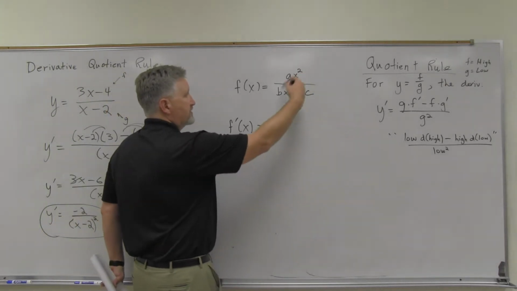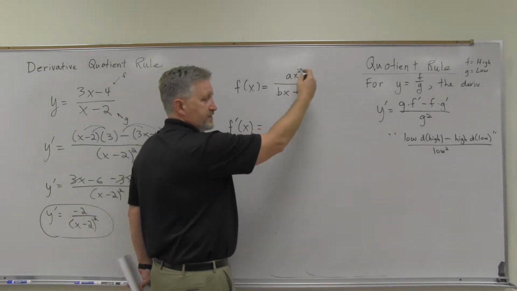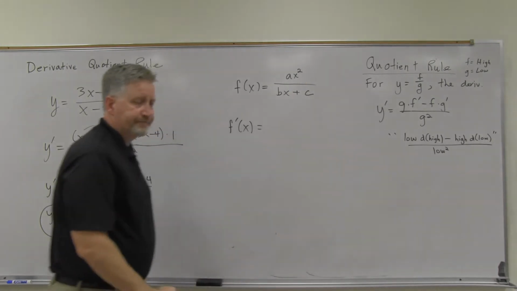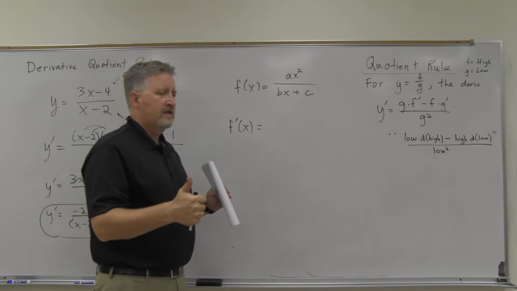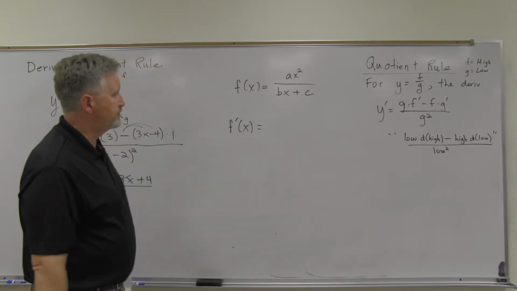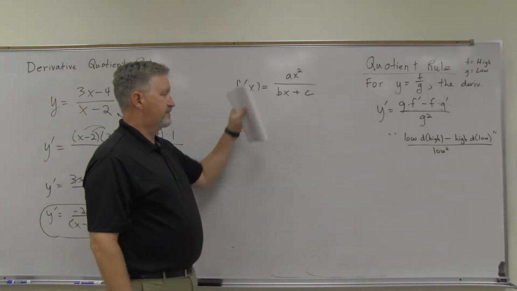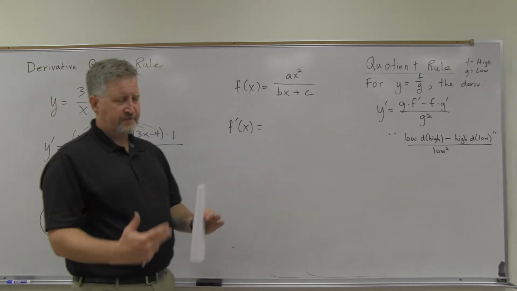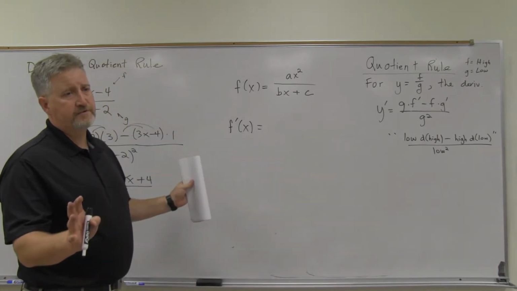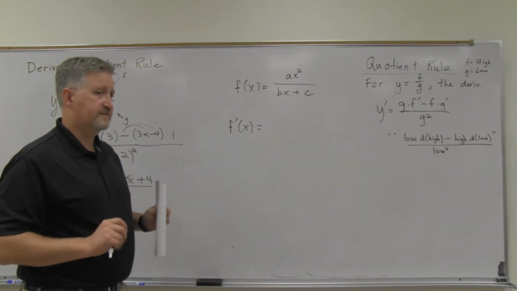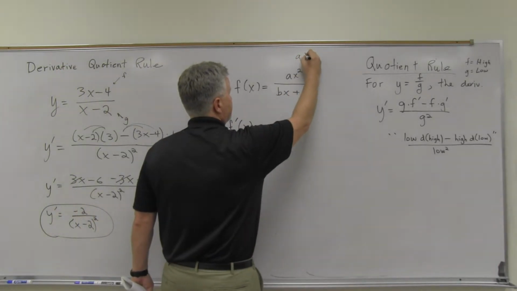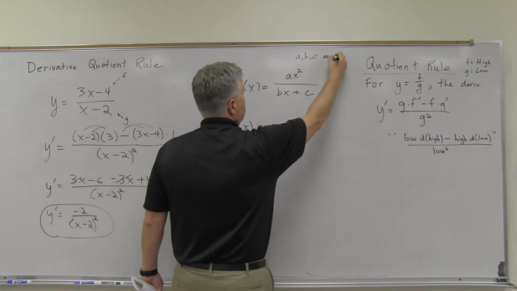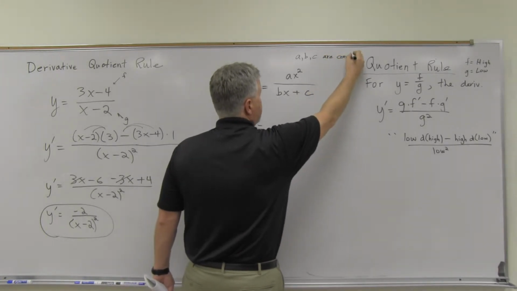But notice here I've got a function of x, but I've got a, b, and c also, kind of looking like variables. Well, the rule of thumb that this book and other places use is, if we've got a function of x or t or something like that, the other variables are playing the role of constants. And so a, b, and c here are constants, meaning those are just numbers.